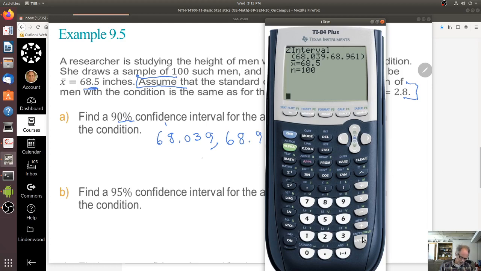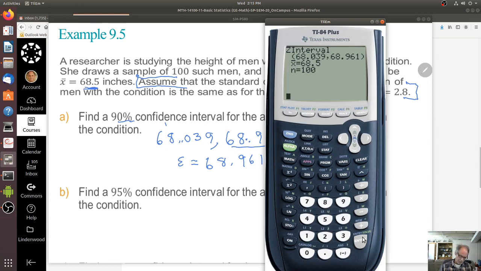If I want to know the error here, what do I have to do? I take the right-hand side and subtract off the mean. So it'd be 68.961 minus 68.5. I can also take the difference between the two endpoints and divide by 2.